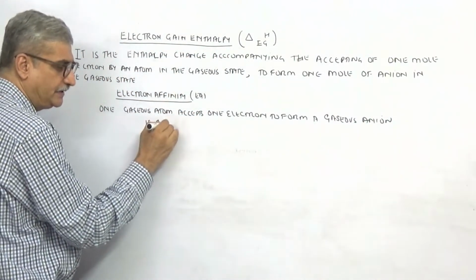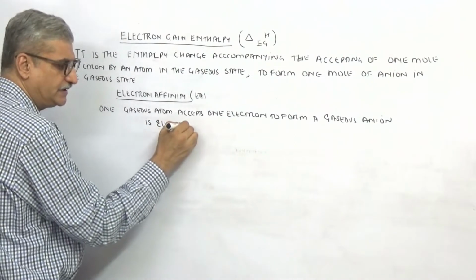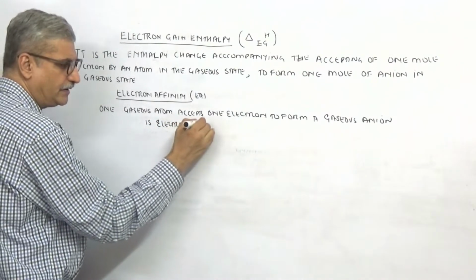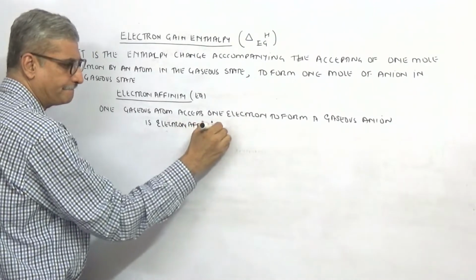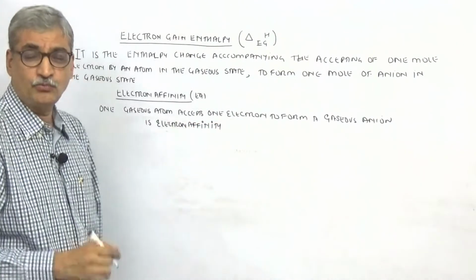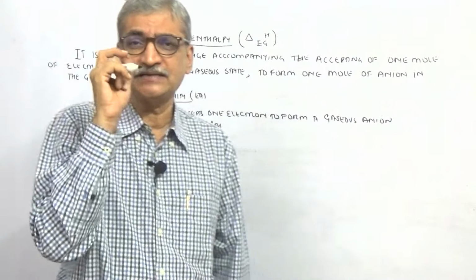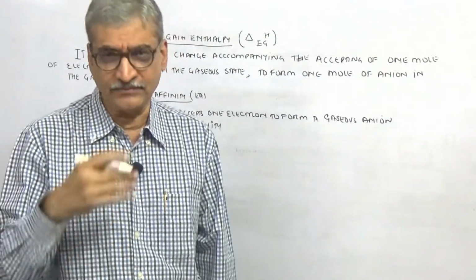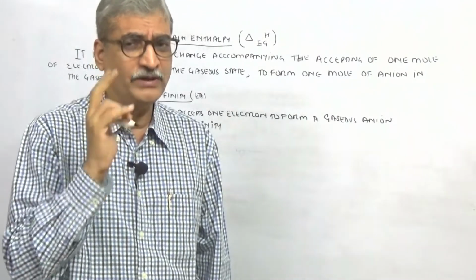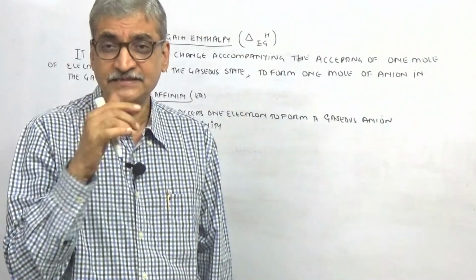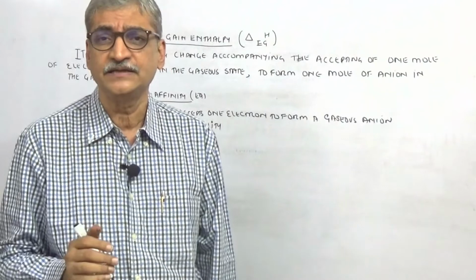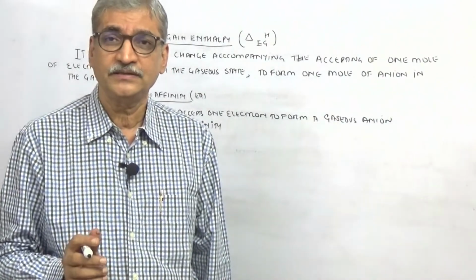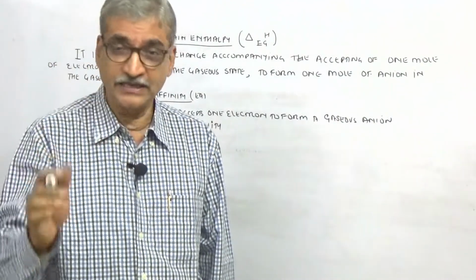So understand the difference, it is called electron affinity. One gaseous atom accepts one electron to form one anion. I am now using the word energy released because only in two exceptional cases is it endothermic, otherwise the energy released will always be exothermic.